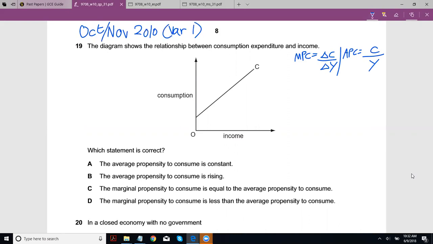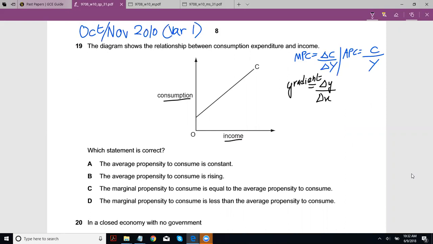So, if you have consumption on your y-axis and income on your x-axis, then change in consumption is really your change in y. Change in income is really your change in x.